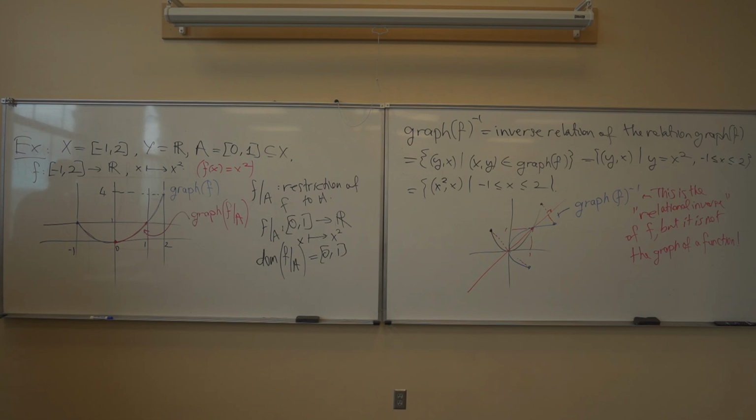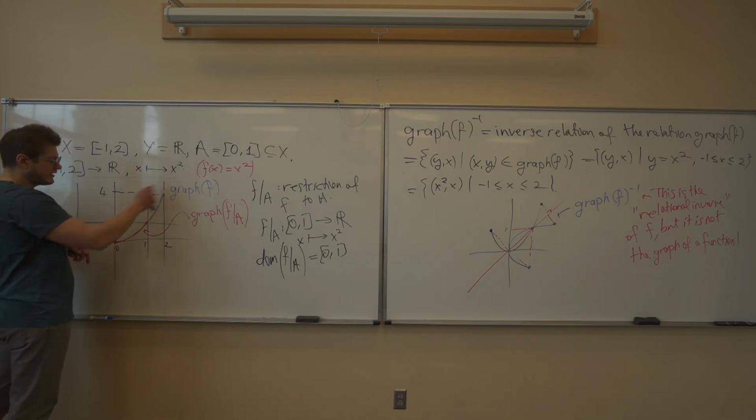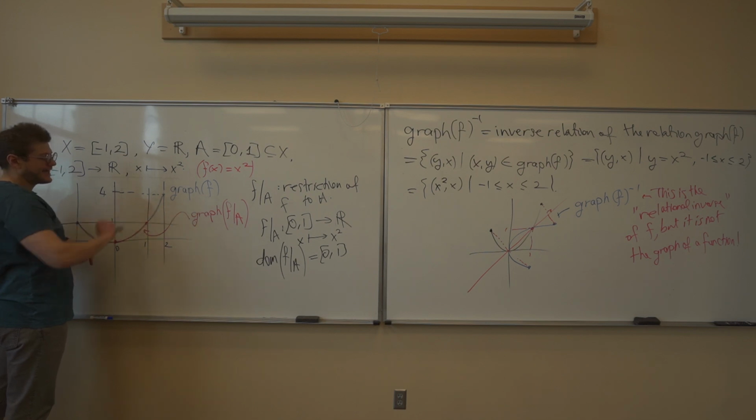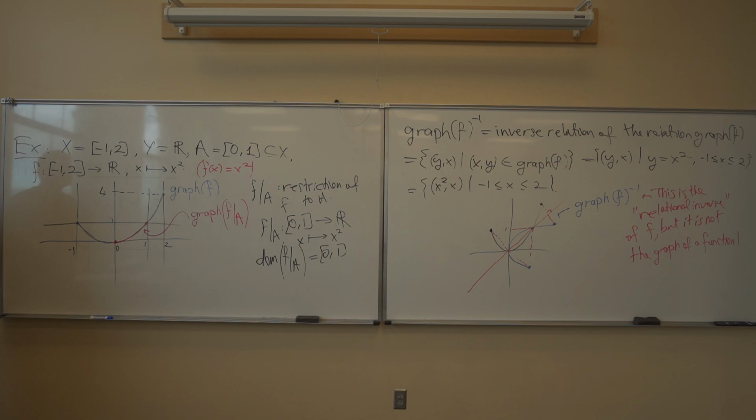Okay, what is the image of this? Well, you see now the image is different. It goes from 0 to 1. Because if I were to use, for instance, height 2, certainly the horizontal line at height 2 hits the graph of f, but it doesn't hit the graph of its restriction to A. Okay, you should think of it like that.